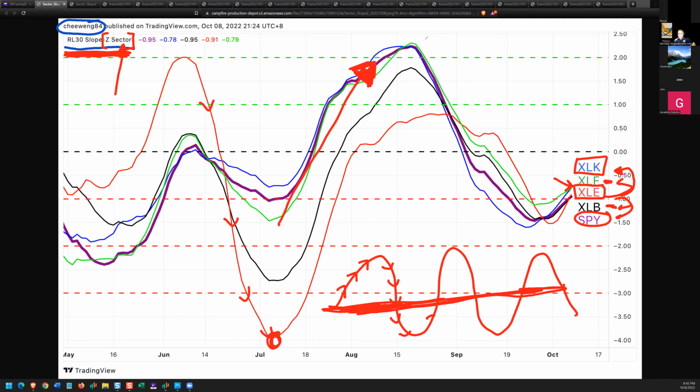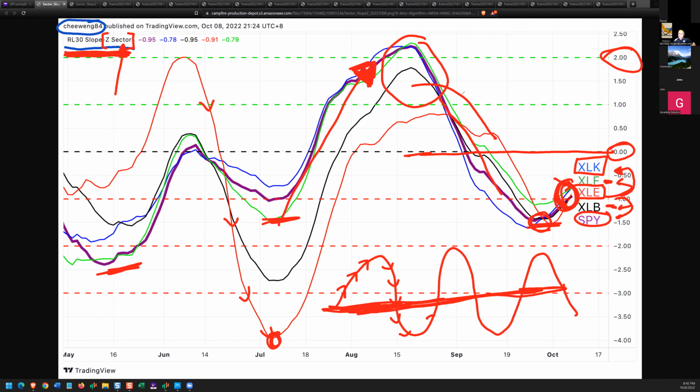And then those tend to peak at statistically significant areas like 2 sigma, and then roll over back to the zero line. So we care about the location of the z scores with respect to the long-term average, but we also care what the slope is and then where the turning points are to get some notion of possible inflection points.